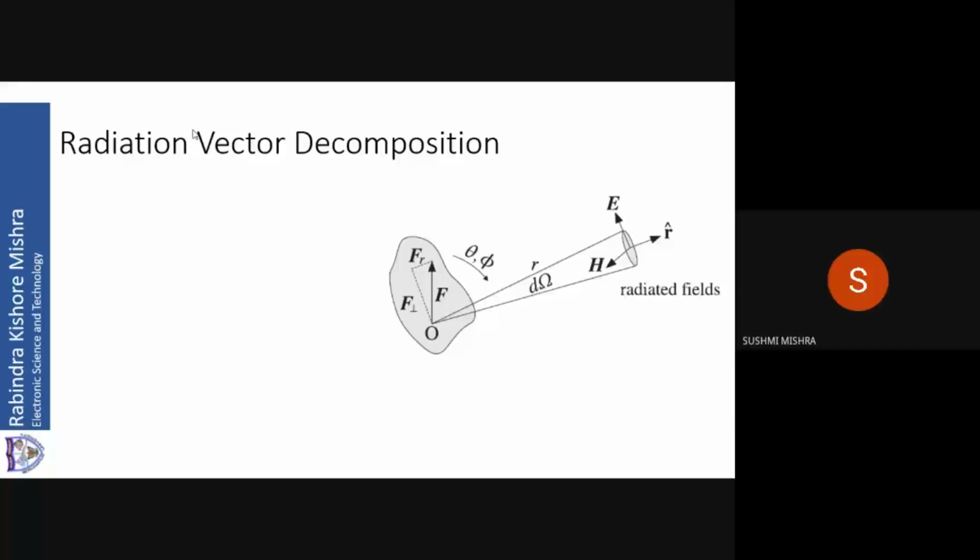Now, let me come back to the figure that I had showed you earlier for this solid angle. Now we have the source at the point O, and we are considering the radiated fields at a distance r from the source. R is much larger than the source size.